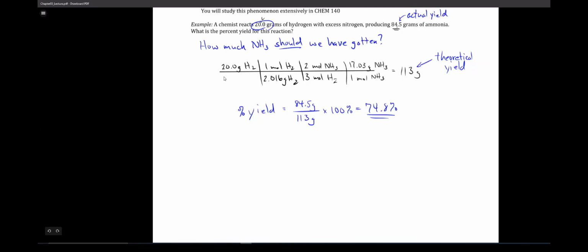No, because no matter what I do, if I use 20 grams, I'm going to get about 85 grams over here, right? So how much should you use? 20 times what number? This is tricky. If I use 20 grams, I'm not going to get 113. I'm going to get 85. Do I need to use more or less hydrogen?